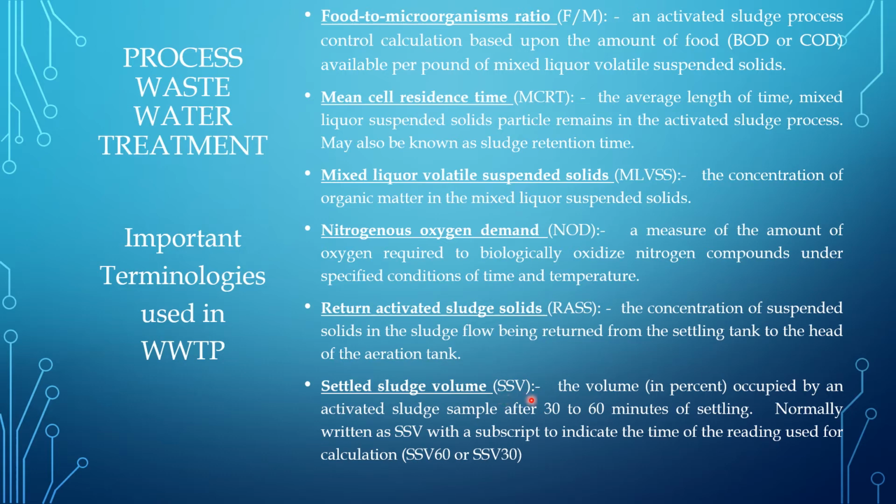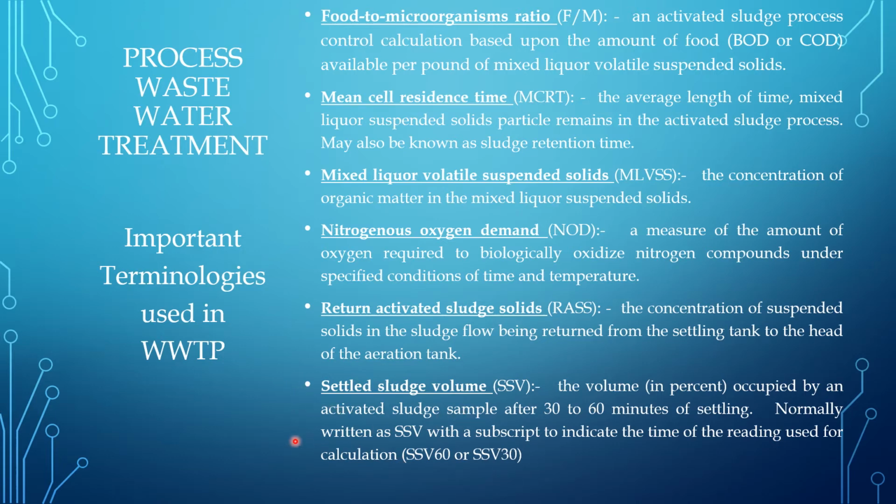Settled sludge volume, SSV: the volume in percentage occupied by an activated sludge sample after 30 or 60 minutes of settling. Normally written as SSV with a subscript to indicate the time of the reading used for calculation, SSV 60 or SSV 30.